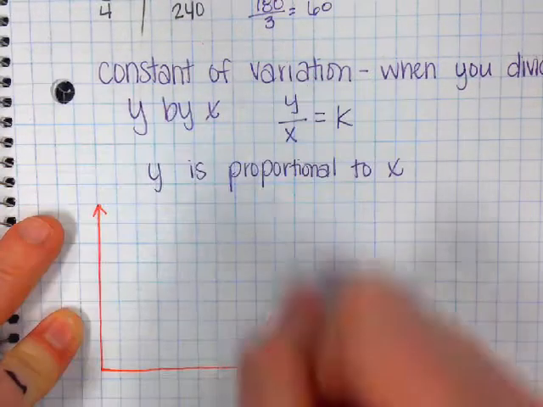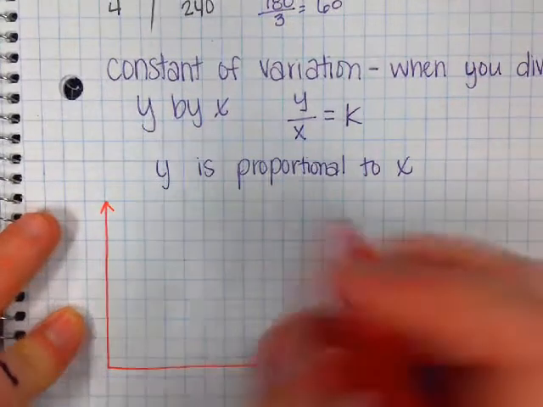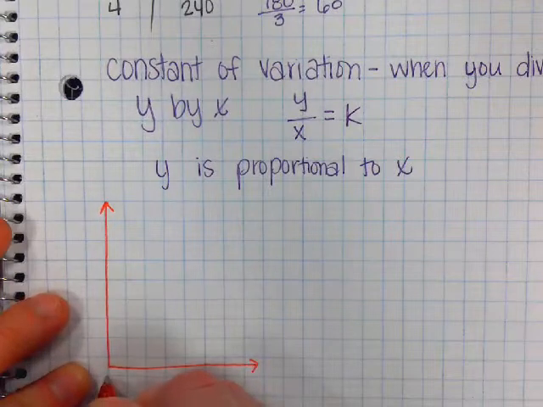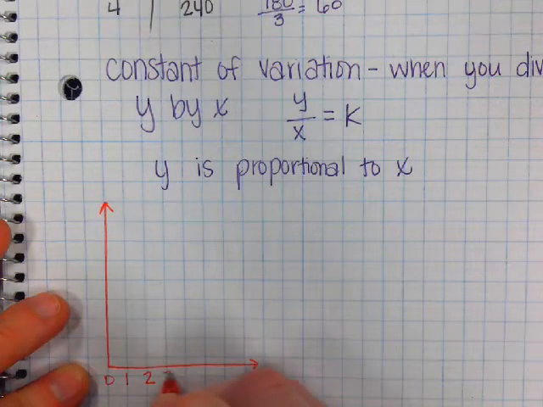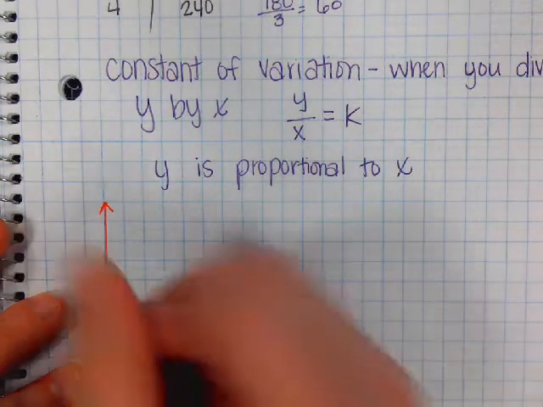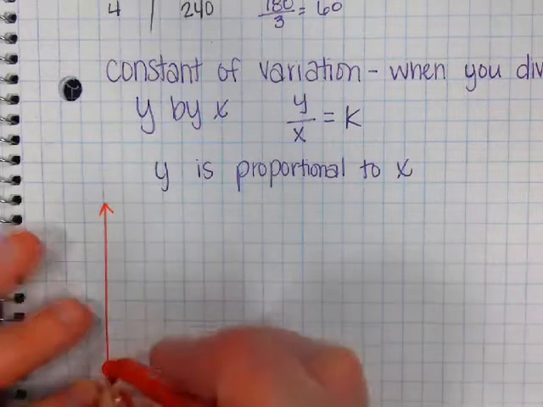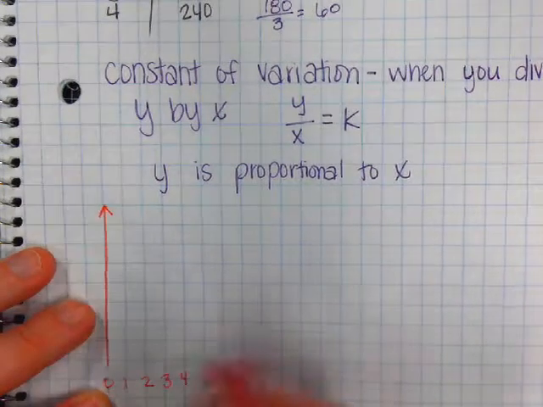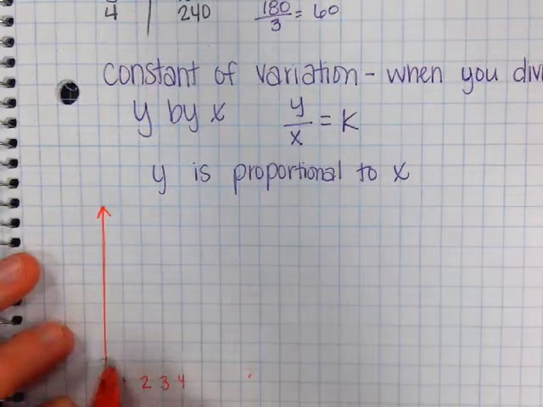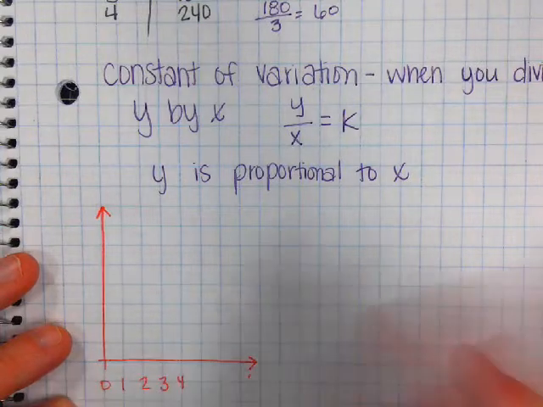If we were to graph that train problem, let's go 0, 1, 2, 3, 4, and then I'm going to move that line up just a little bit because that's going to mess with this.